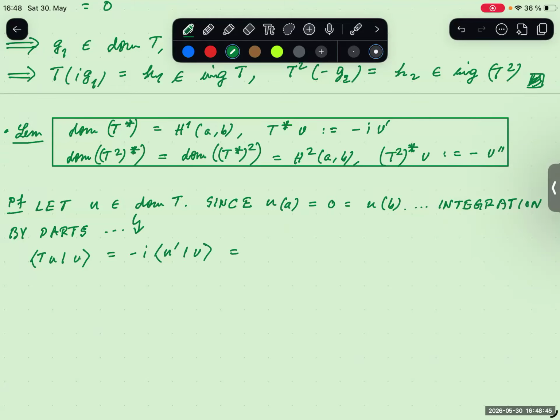And this is nothing but u v. Integration by parts again, so there should be a minus, and that minus kills a minus. Ah, sorry, this is plus. No, that's good, because there was a minus there. This equals u, and we take the minus inside.